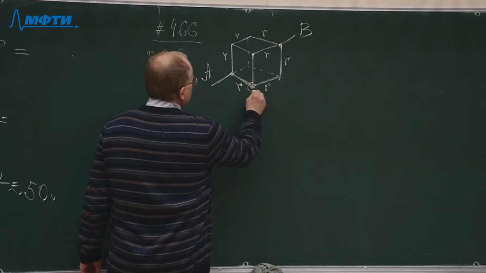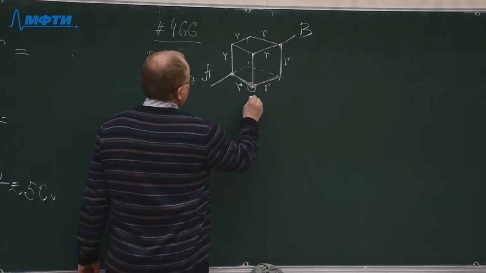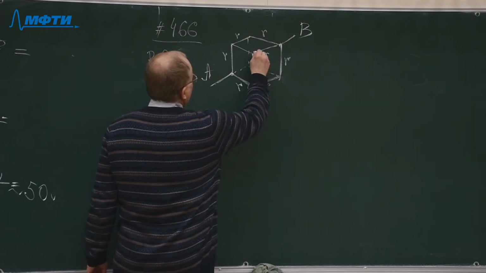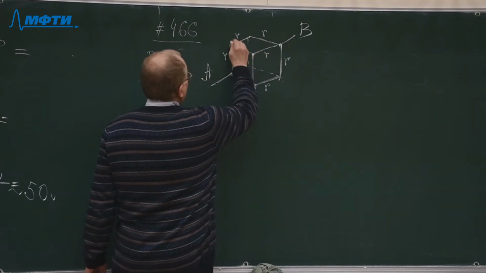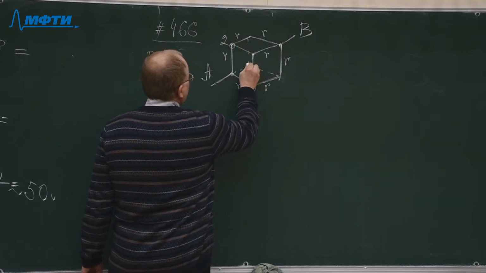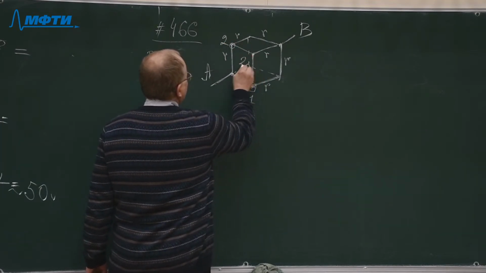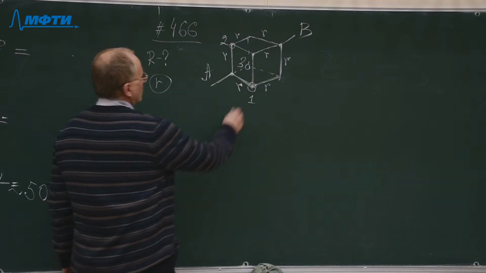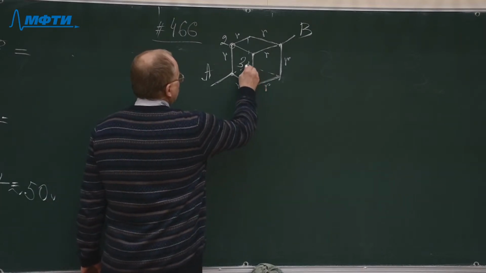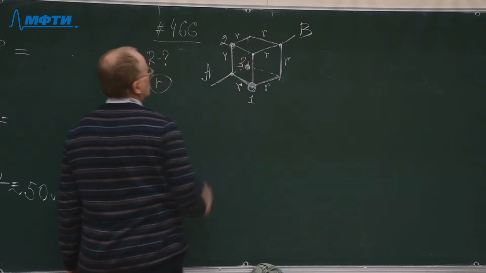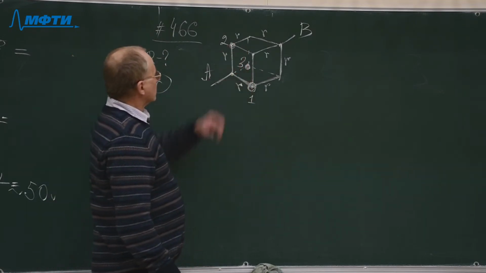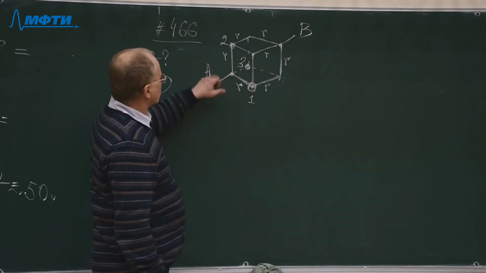So let's designate this point as point 1 and this point as point 2 and that point as point 3. I draw your attention to 3 vertices of this cube. What is particular about these vertices?